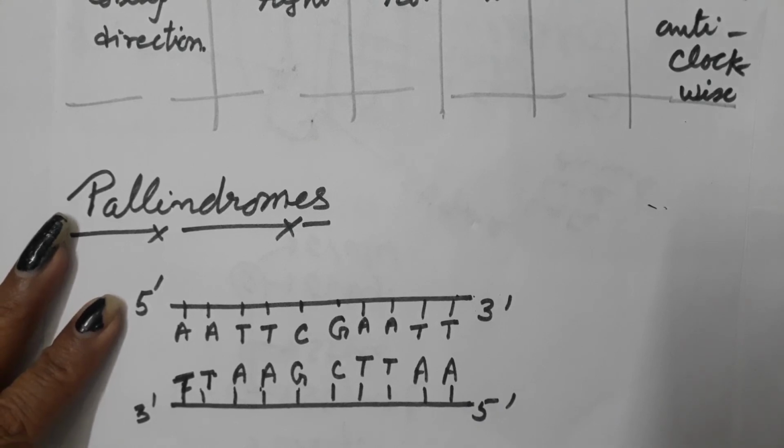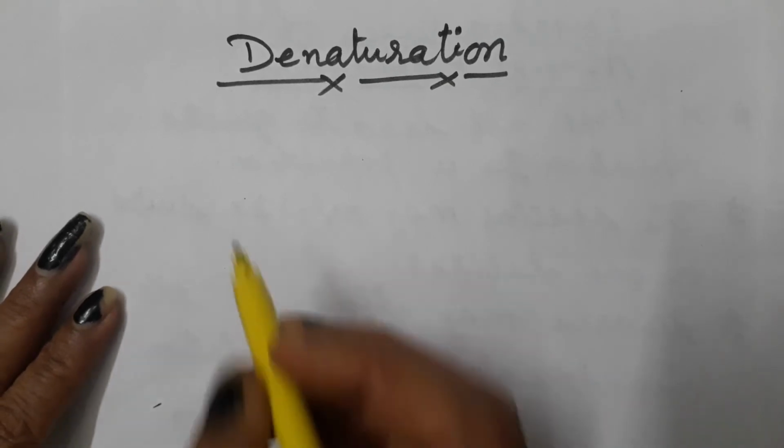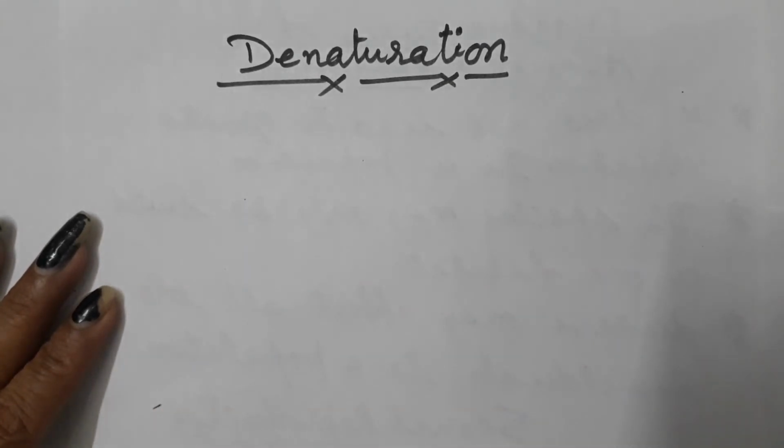One more characteristic feature we are going to discuss here is the properties of DNA, that is denaturation. What is denaturation? When we treat the double-stranded structure of DNA at higher temperature, the weak hydrogen bonds between them break down and both the strands of the DNA get separated.